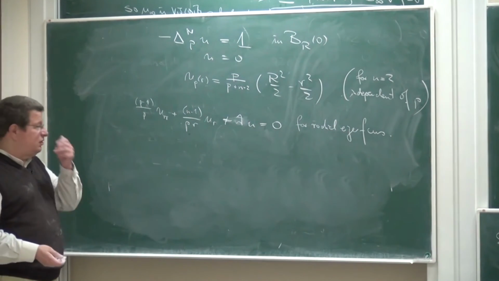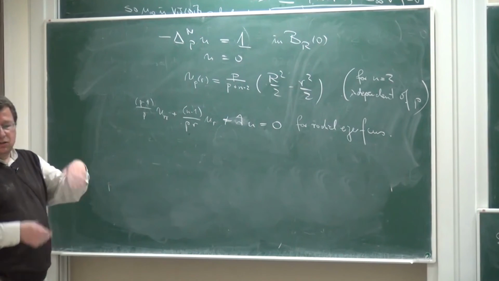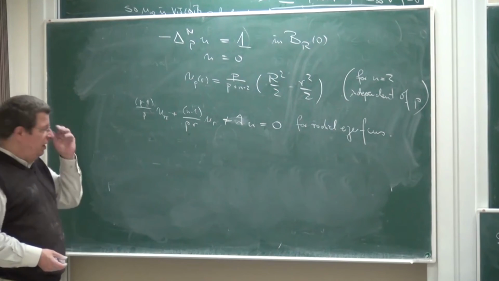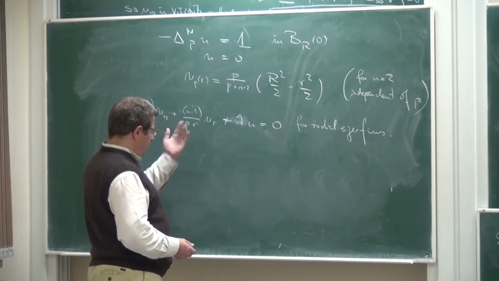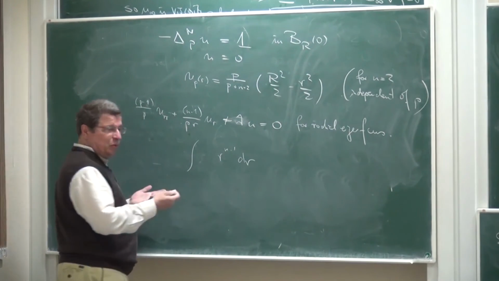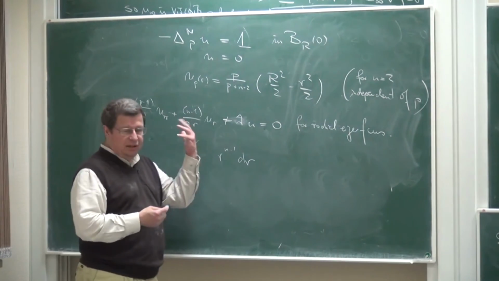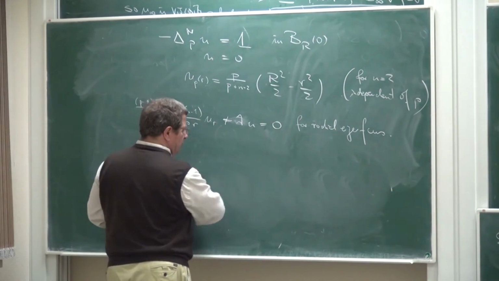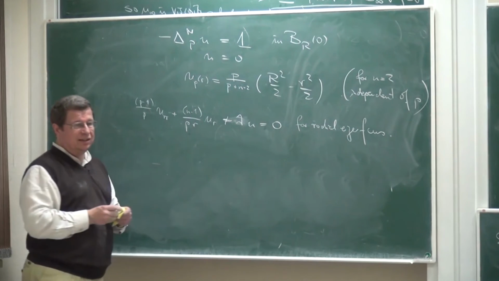You get a series of Bessel functions, and they are also normal in a suitably weighted space. Normally we have r to the n minus 1 dr as a weight, but now it is something that depends also on p. And we get a complete class of radial eigenfunctions.